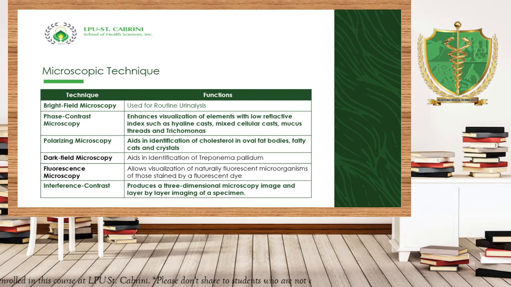It should be italicized. I'm sorry, I was not able to review it. Fluorescence microscopy allows the visualization of naturally fluorescent microorganisms, and interference contrast produces three-dimensional microscopic images and layer-by-layer imaging of the specimen. Again, for your information, of all these microscopes, bright field microscopy lang po ang ginagamit talaga sa laboratorio ng mga hospital sa Pilipinas.